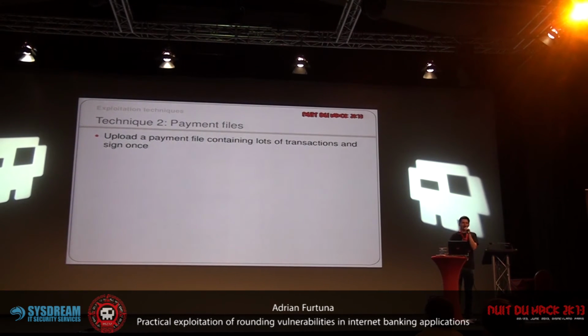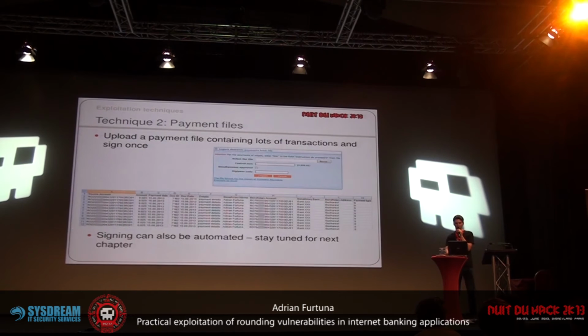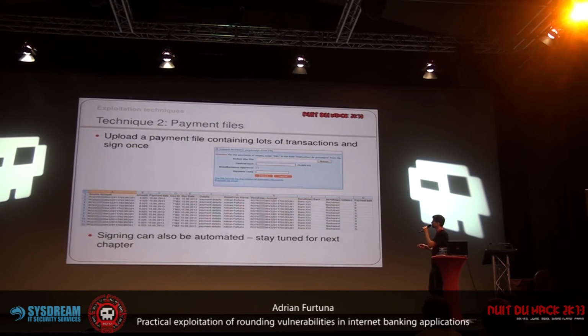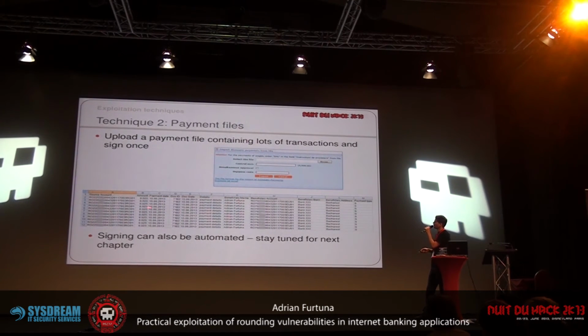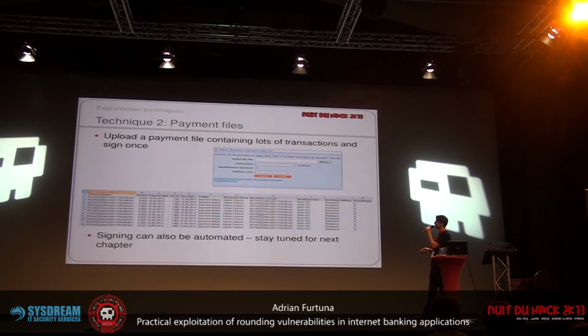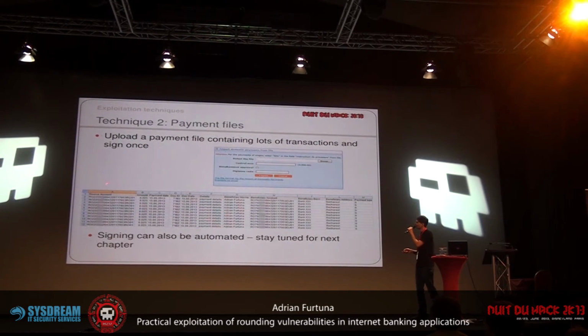The second technique is to use payment files. Most internet banking applications that I saw allow you to upload a payment file. They have a window like this, and the payment file is actually an Excel file with the details for the payments that you want to do.